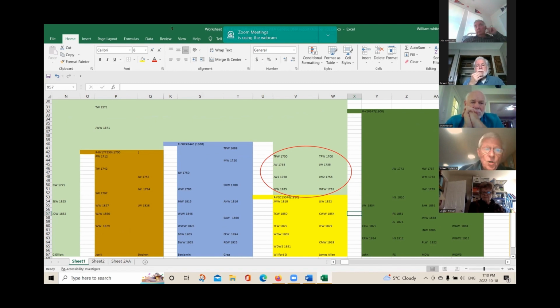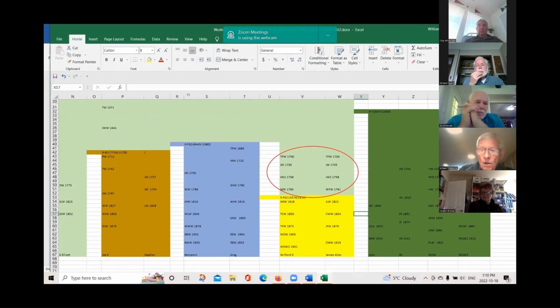And the object, of course, is to find the oldest common ancestor, not only for the haplogroup, but also for all of us, for that matter.